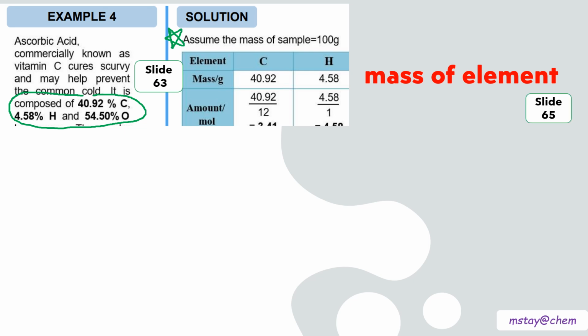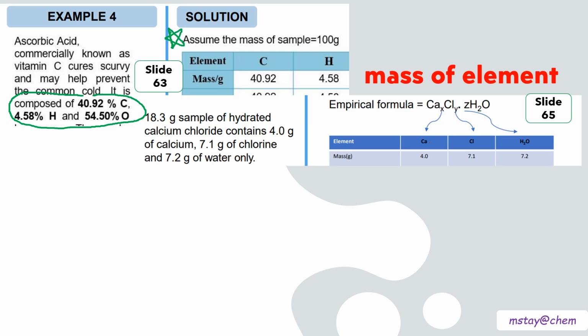Next, sometimes the question may give us the mass of the element directly, like here, 4 grams of calcium, 7.1 grams of chlorine, 7.2 grams of water. If the question gives us the term hydrated, do remember that it is related with the H2O, like this here.